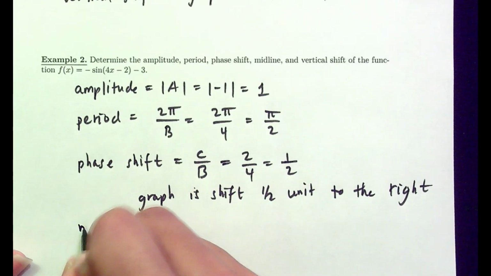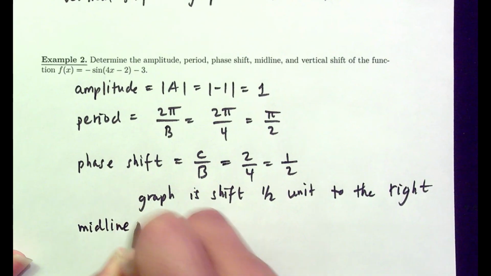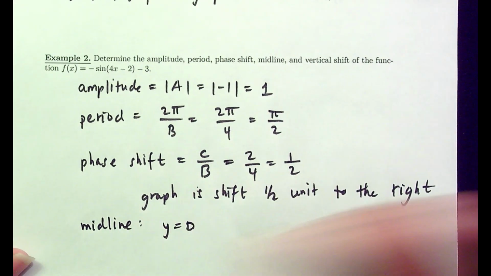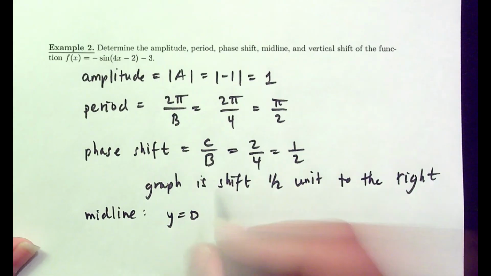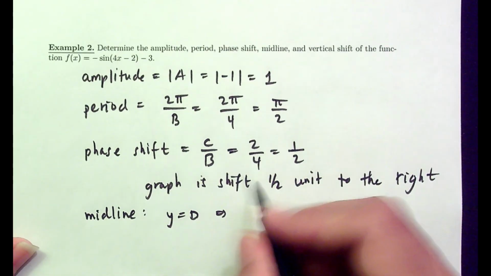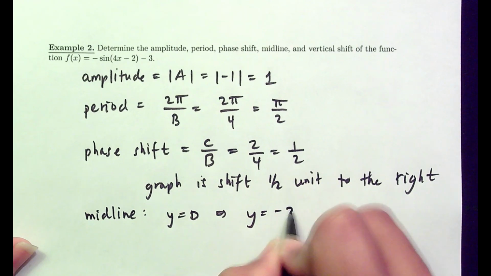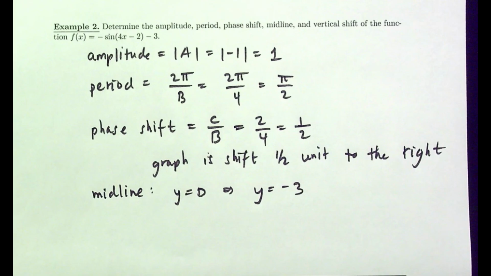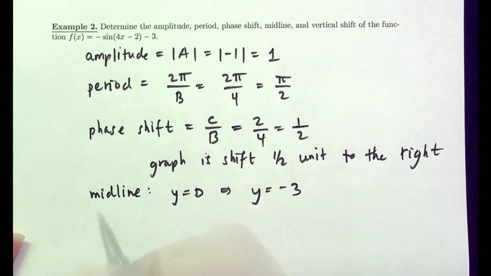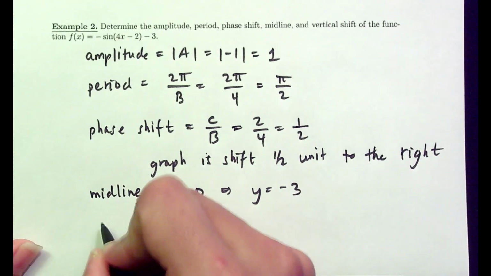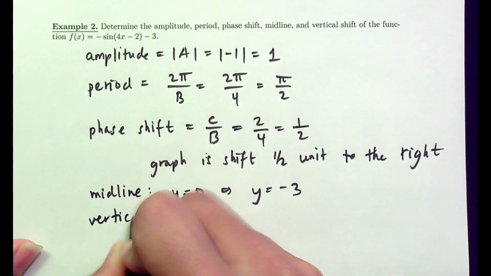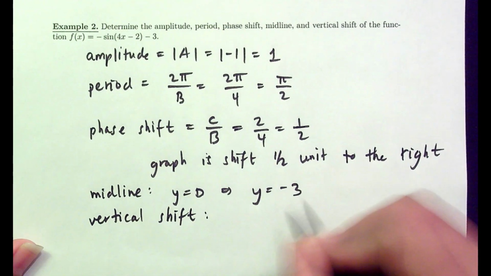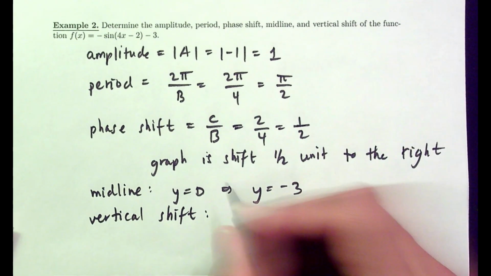Then midline. The midline is y equals d. That is the equation of the line. But d is -3. So y equals -3 is the equation of the line that passes right through the middle of the graph. And then finally, the vertical shift is again given by the d.